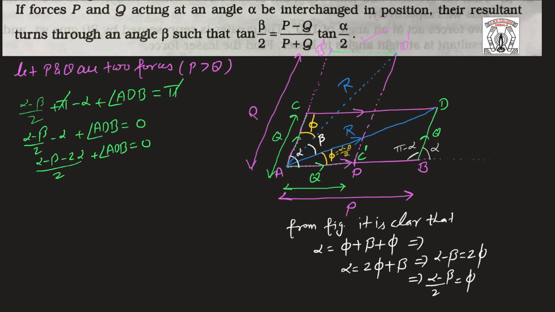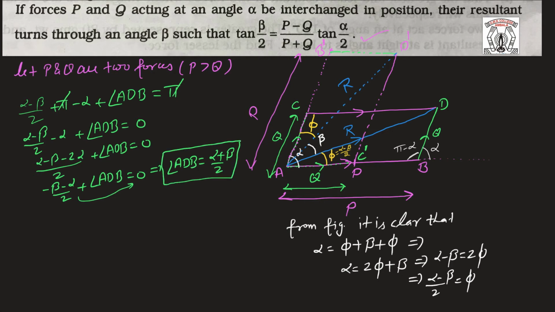So this will be minus beta minus alpha by 2 plus angle ADB equal to 0. This will go over there. This implies that angle ADB is equal to alpha plus beta by 2.